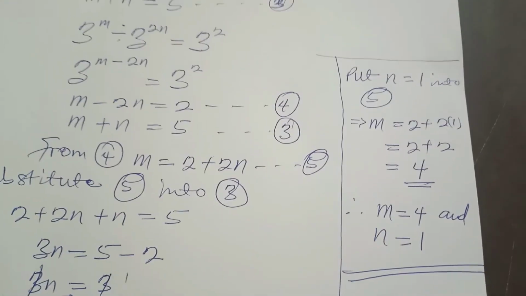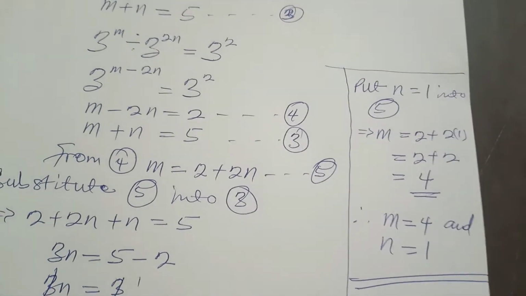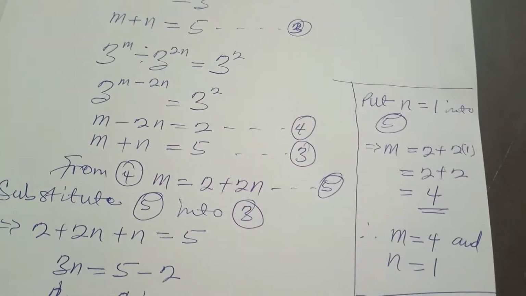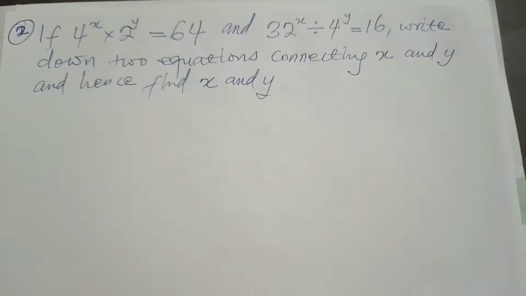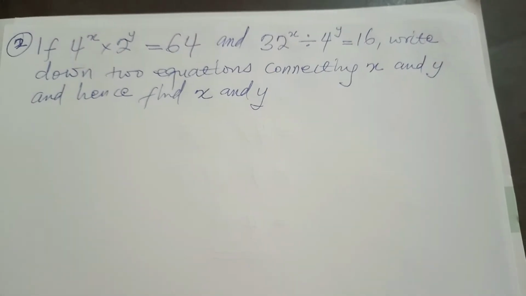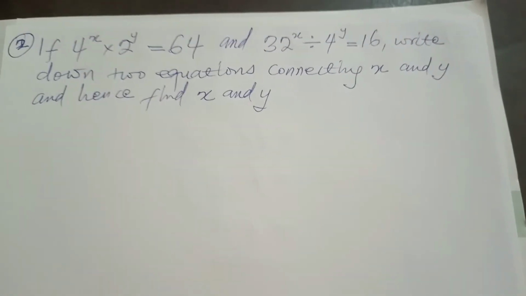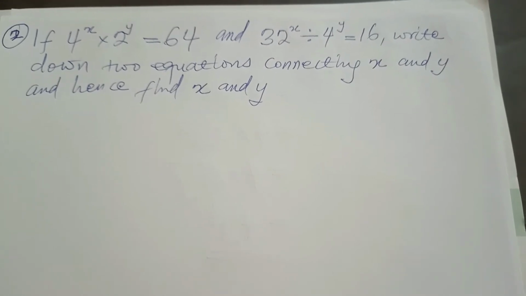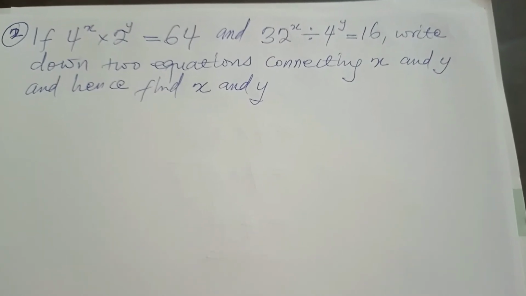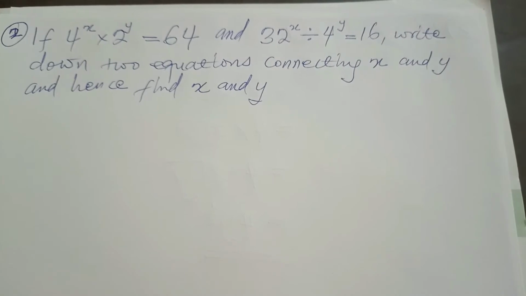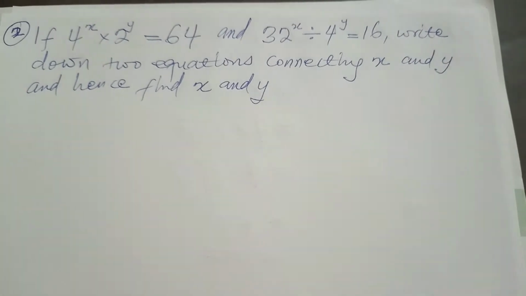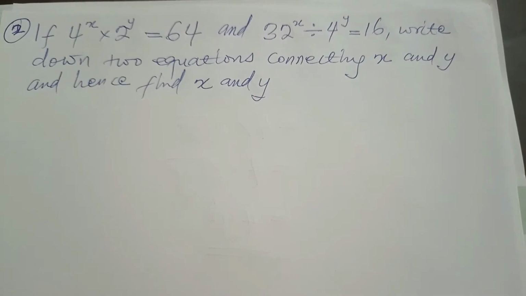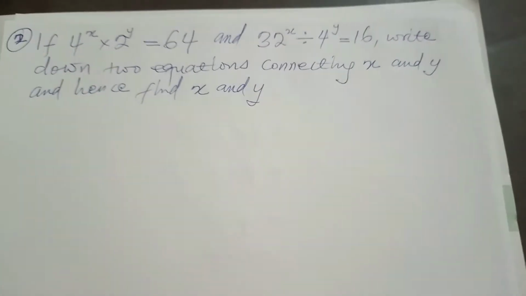We can also use the elimination method. Okay, so for question 2, I'll use the elimination method to solve. Let's take question 2. Question 2 says that if 4 exponent x times 2 exponent y equals 64 and 32 exponent x divided by 4 exponent y equals 16, write down 2 equations connecting x and y, and hence find x and y.